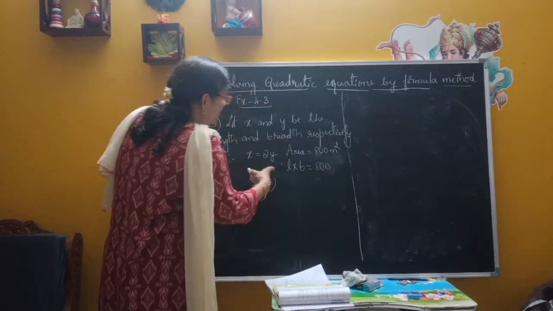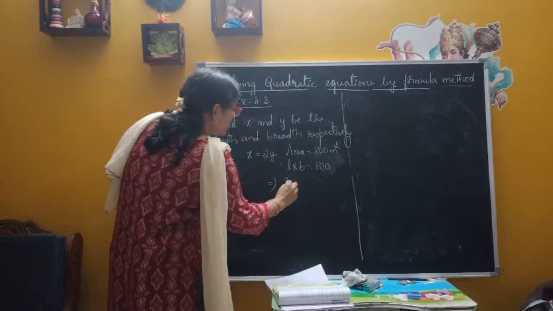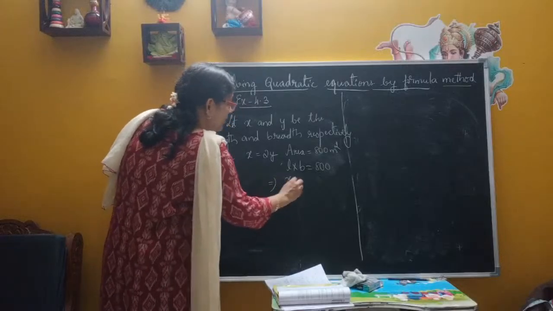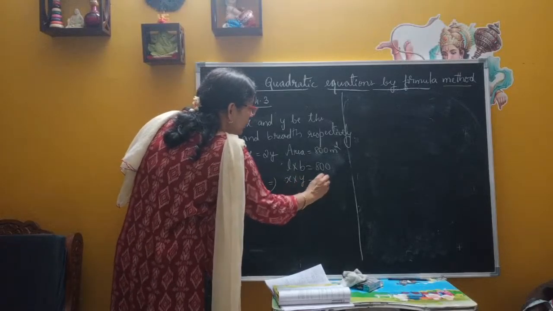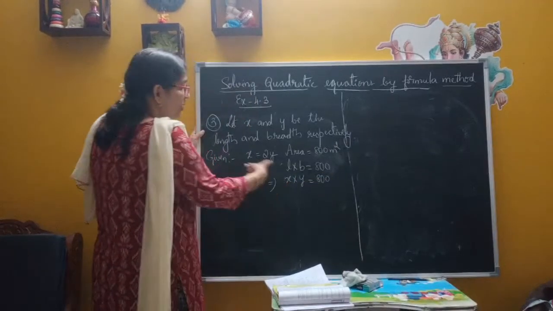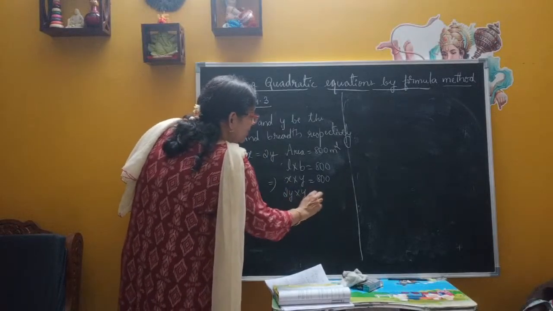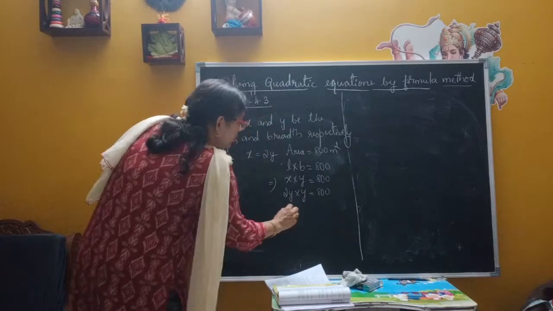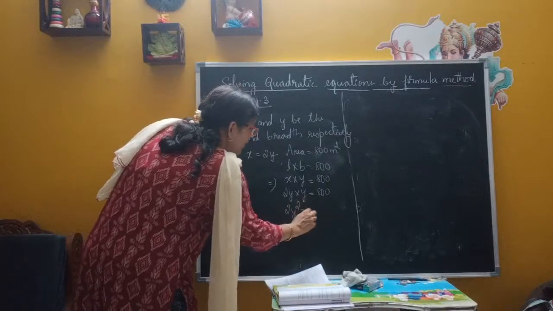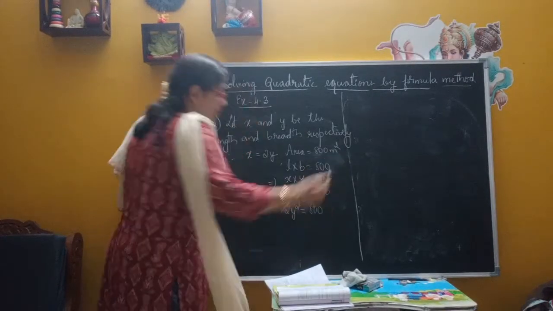So this implies, let us substitute, length is x into y is equal to 800. In place of x, let us substitute this value, that is 2y into y is equal to 800. So 2y square is equal to 800.